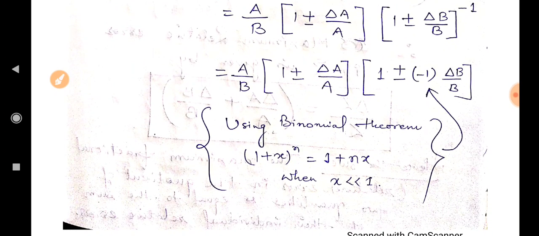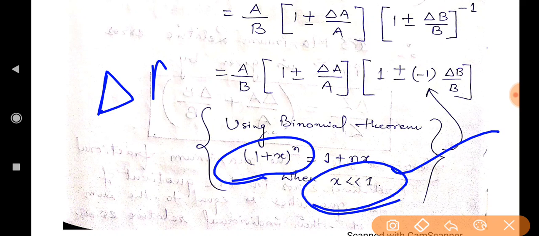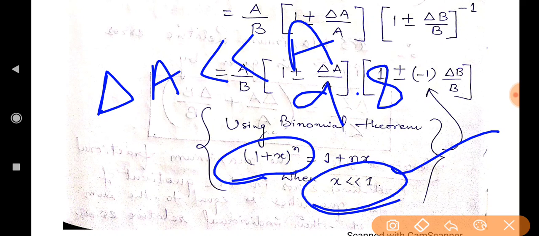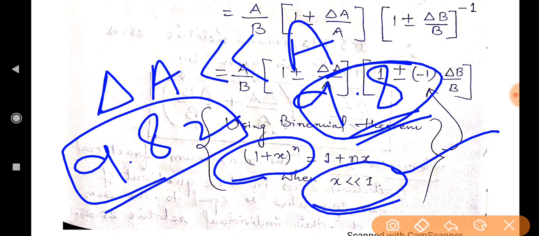We have seen it in the mathematical tools: (1 plus x) to the power n equals 1 plus nx when x is very very small. Dear students, delta A is always very very small compared to the true value. Suppose you are taking the acceleration due to gravity as 9.8 and the measured value is 9.82.